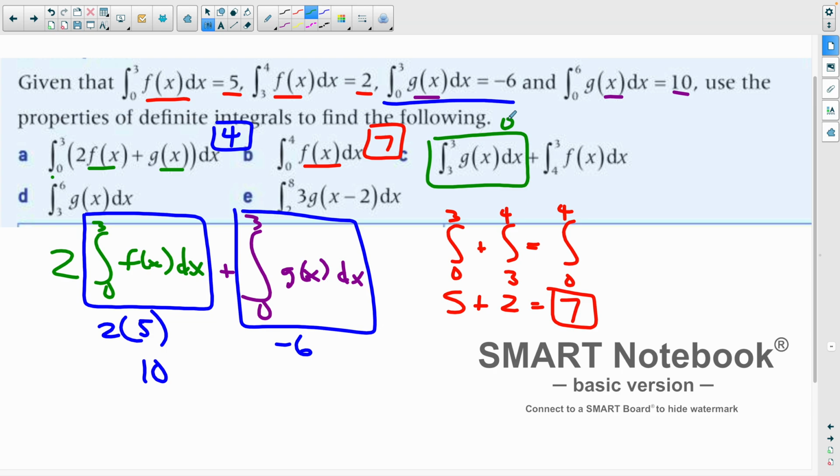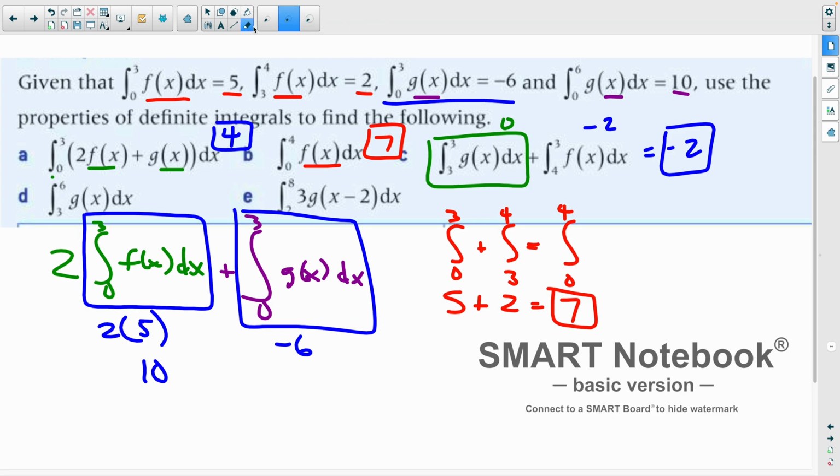It's backwards. So there should be a -1 involved here. There should be a negative of whatever 3 to 4 is. Well, 3 to 4 is 2, so I'm going to do a negative of that. So -2. So the 0 and the -2 would give me -2.